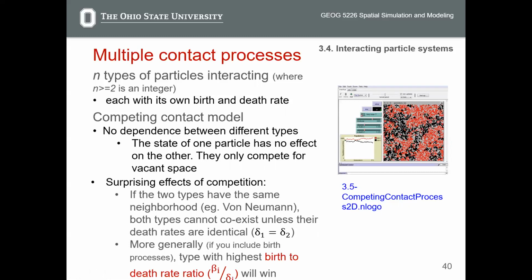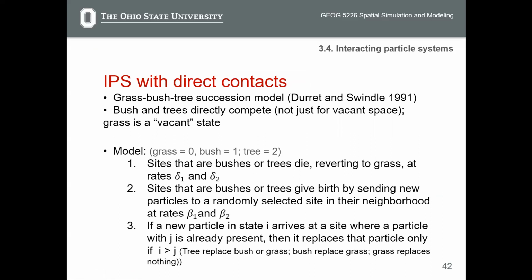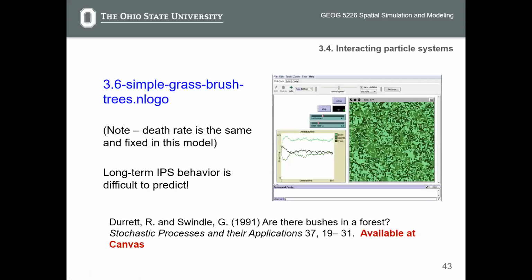The difference is whether the two particles, or even more particles, compete directly. If they are all competing for vacancy, then it's a multiple contact process. If they compete with each other, like this one, where tree can invade bush, then it's called direct contacts. So that's the difference.